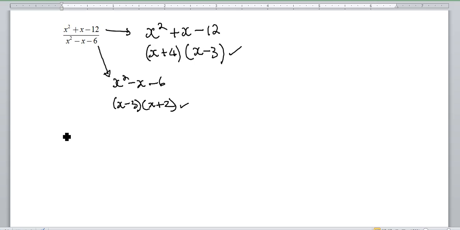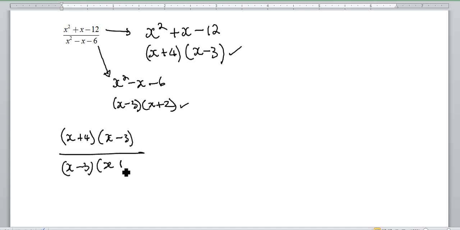So let us rewrite our fraction with the expressions factored, right? x plus 4 times x minus 3, that's your numerator. And your denominator is x minus 3 times x plus 2. Alright?